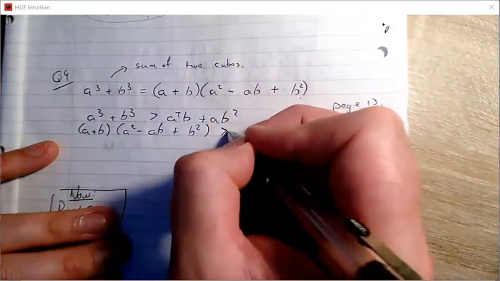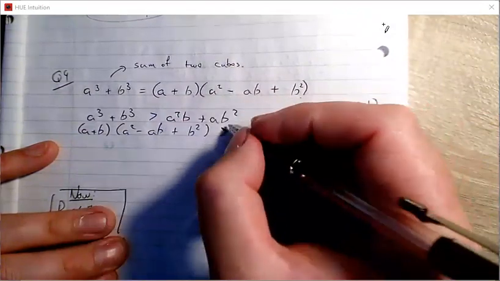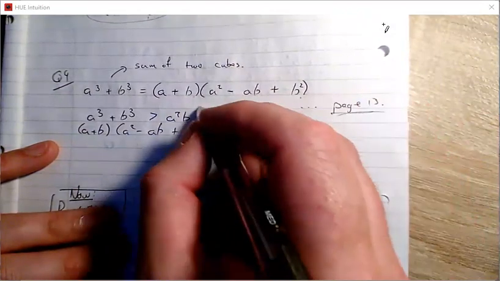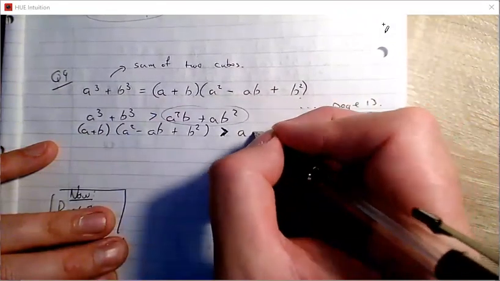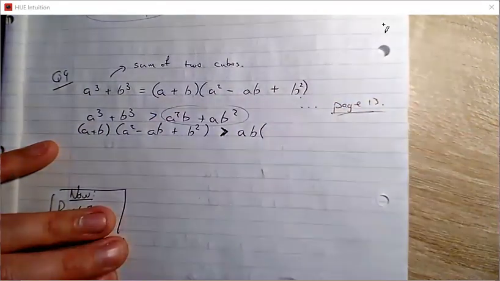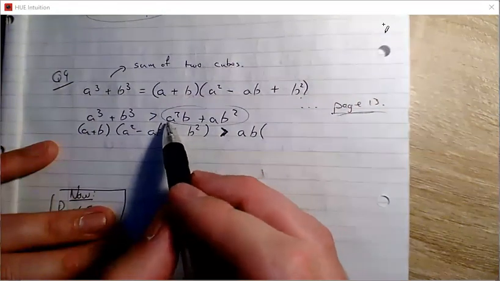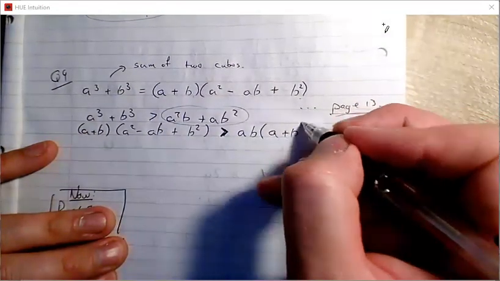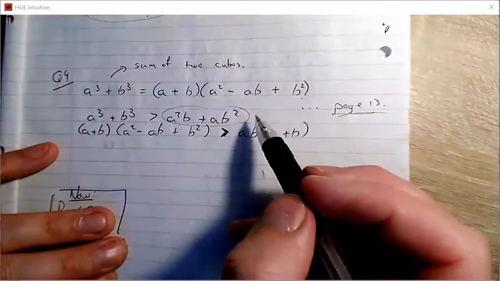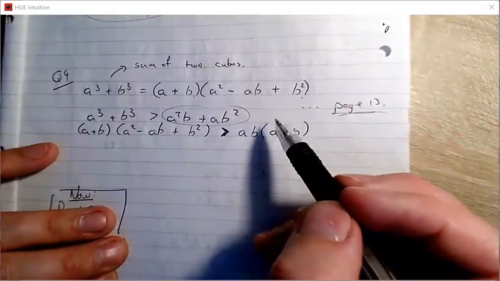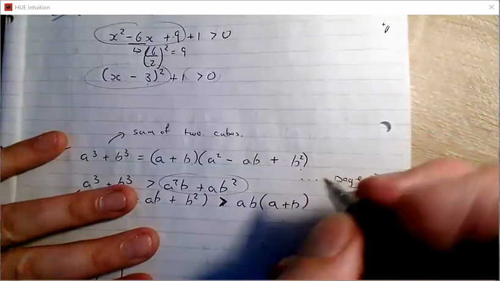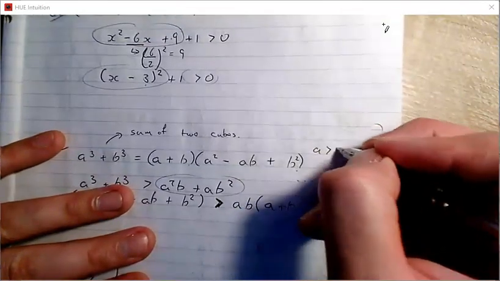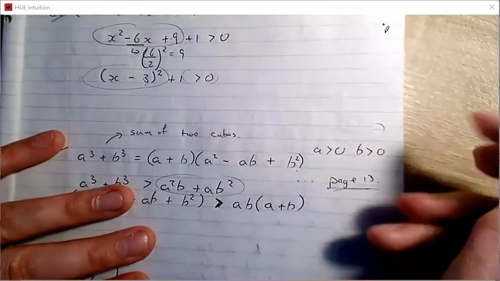Is that greater than a squared b plus ab squared? I can factorize this as well. You have a common factor of ab multiplied by a plus b. And because you're told in question 9 that a and b are positive numbers, I should have said that at the start, a and b are positive numbers.